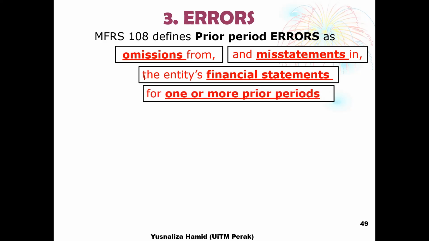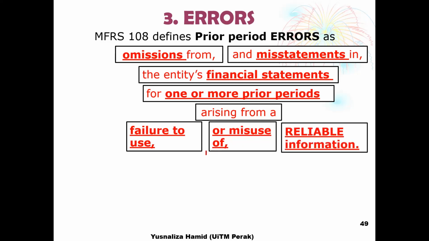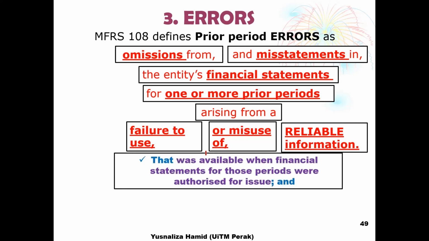So there is a mistake, omission or misstatement in the financial statements for one or more periods which arise from a failure of the company to use, or they use but misuse, reliable information that was available when the financial statements for those periods were authorized for issue.